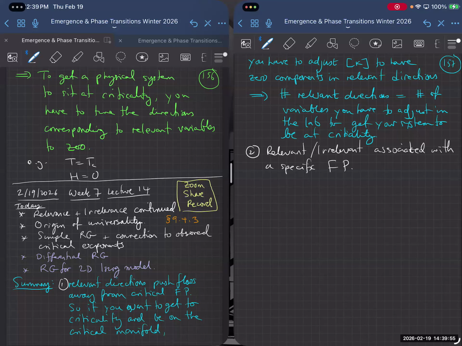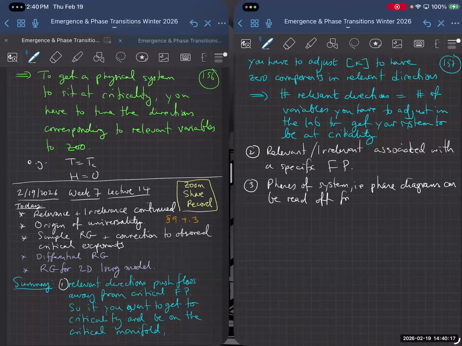And then what I showed you and we discussed is that the phases of the system, in other words, the phase diagram, can be read off from the flows.